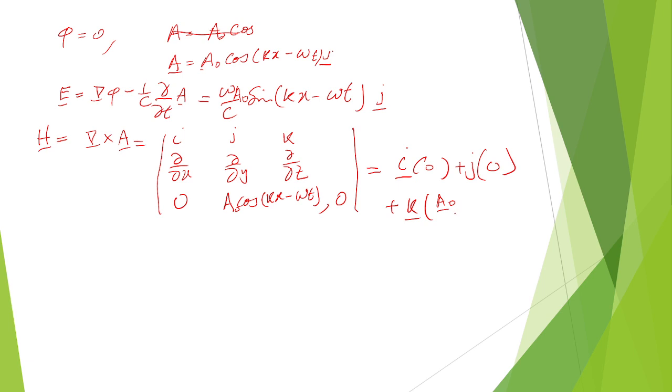Now it is A naught sine, so that means the negative sign is here, sine in k, sine kx minus omega t.